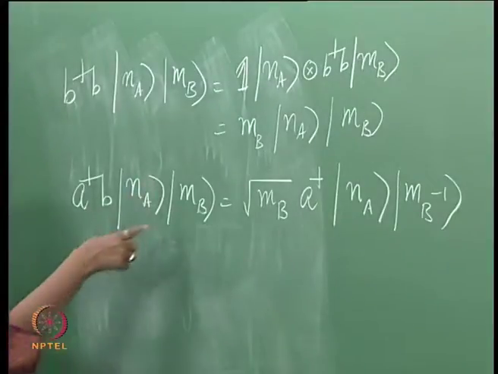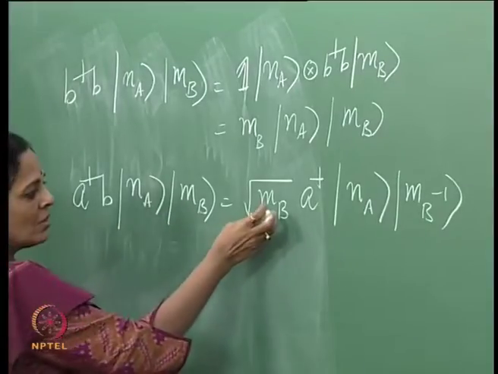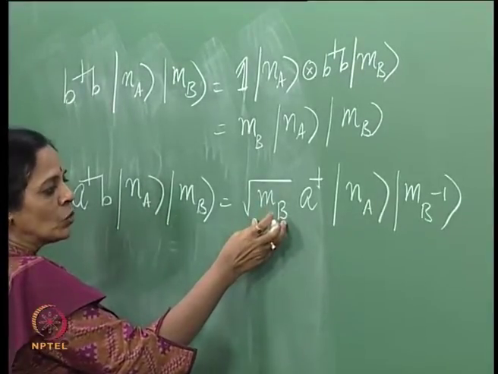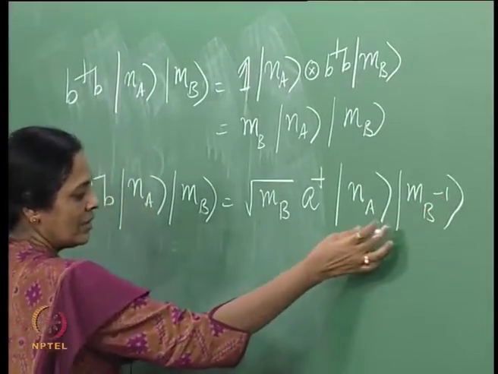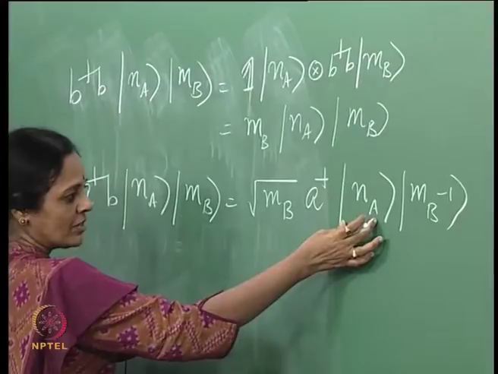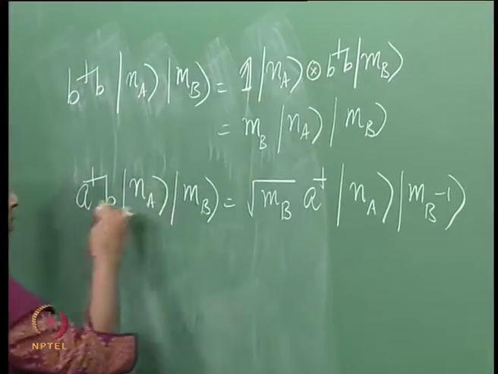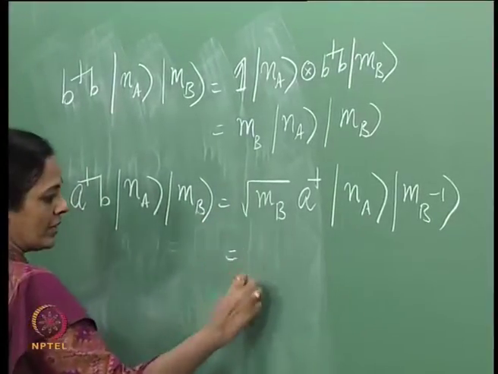The action of B on the ket Mb was to pull out the value root Mb and lower the state by 1, leaving the ket Na as such, and then A dagger acts on the state Na.